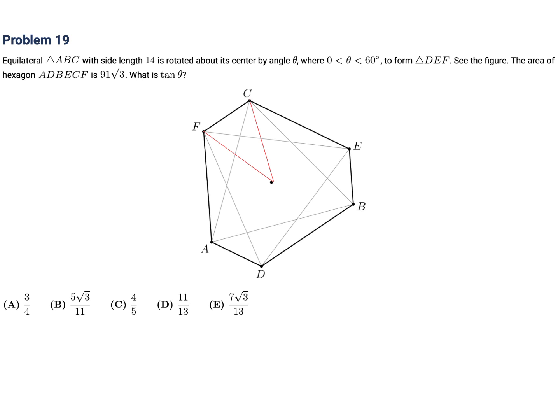We took A, B, C, and we rotated it to form D, E, F. It doesn't matter which way you're going, but we went theta. I am thinking they went from C to F, which is fine. Okay, that takes care of that.